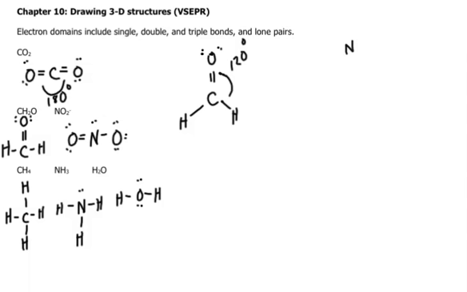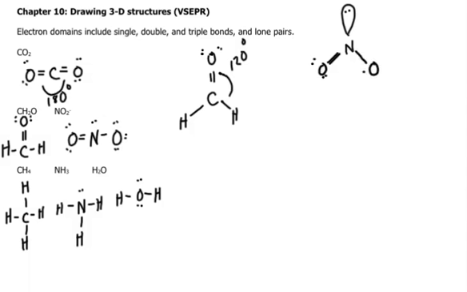You're going to have the lone pair, which we'll represent like this, just to show that it takes up space. Okay, instead of just being 2 dots right next to the N, we're going to make a little electron cloud to show that it is contributing to the shape of this molecule. Then here's the double bond, and here's the single bond.